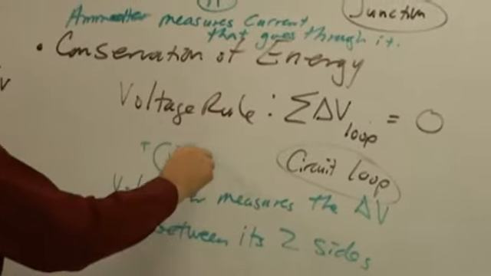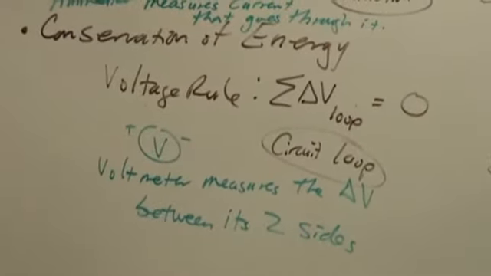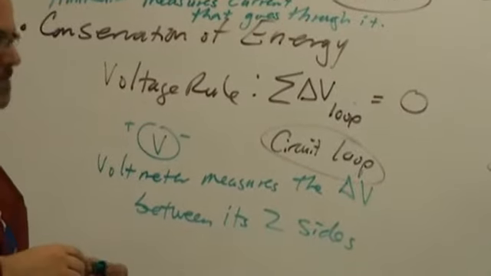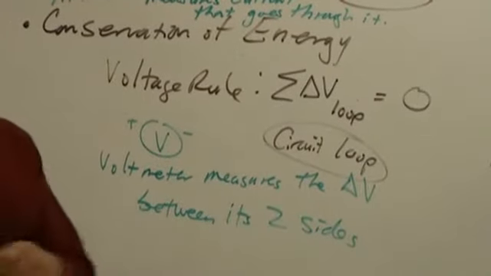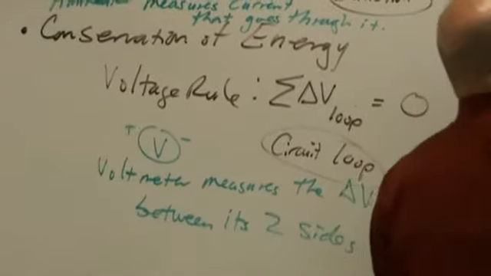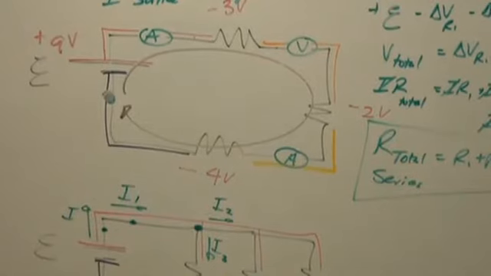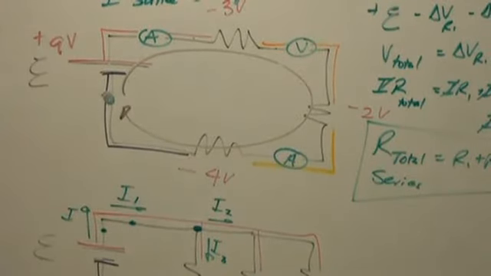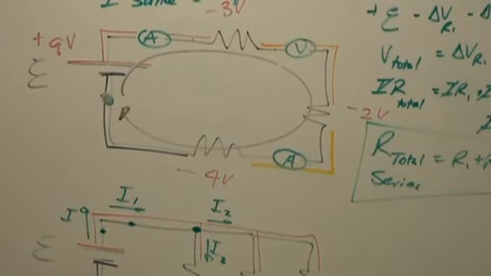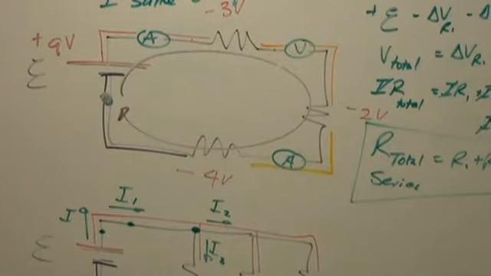So one side plus, one side minus. Okay? So tell me, everybody, if I put a voltmeter right there, what will it read? 0. It'll read orange minus orange. And even in math class, orange minus orange equals 0.